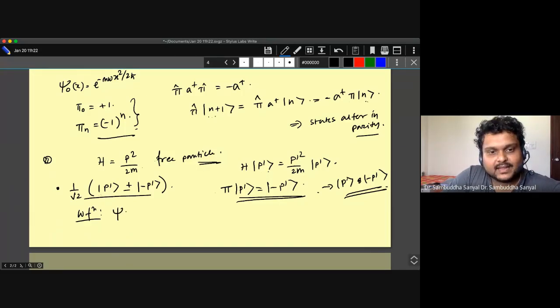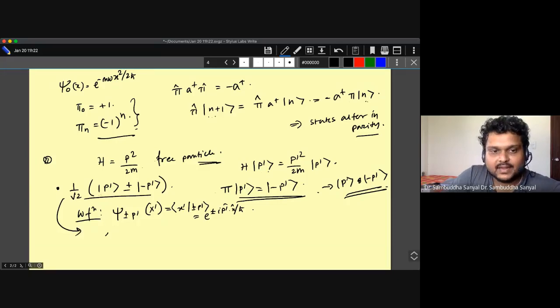If I take the typical wave function, it is neither parity odd nor parity even. That means <x|p'> is e to the i p' x' over h bar. But if I take the combination, this is either odd or even, very clearly. That's how you can construct the parity eigenbasis, and if you choose, you can work with that, depending on your problem.